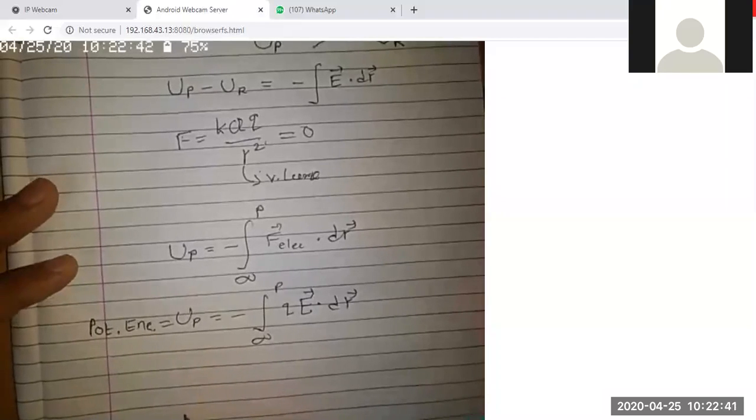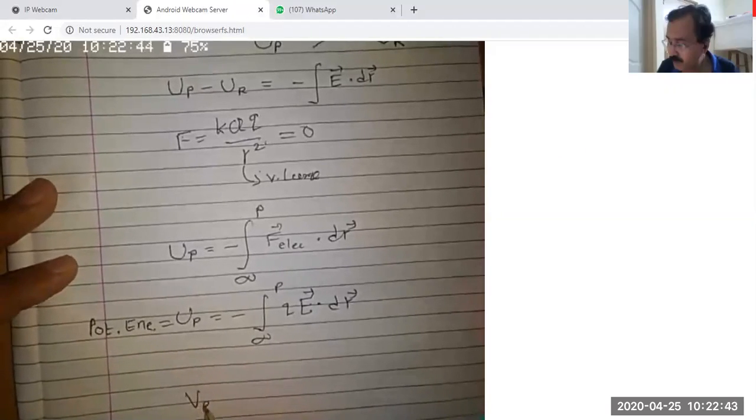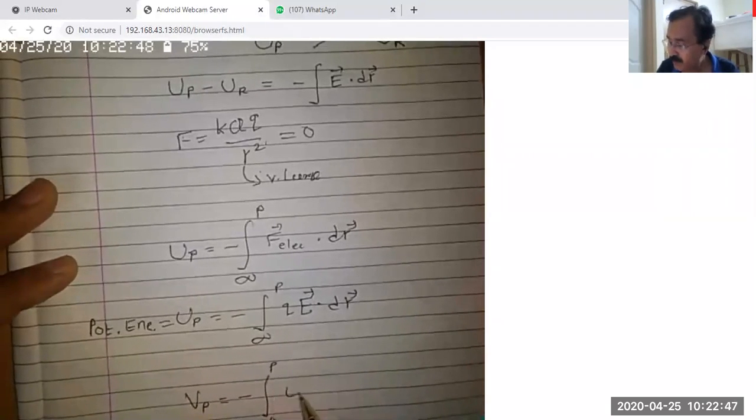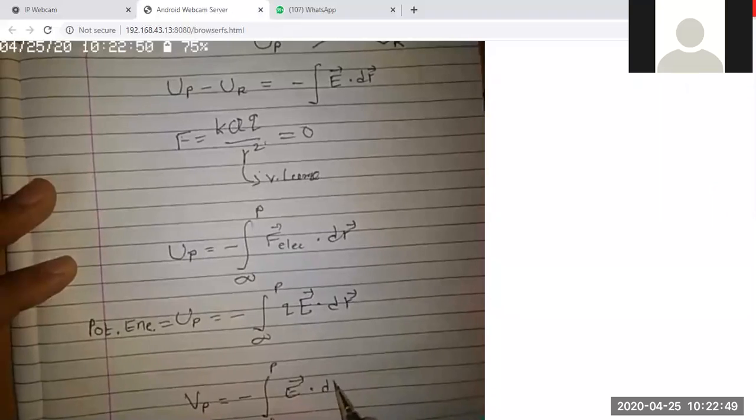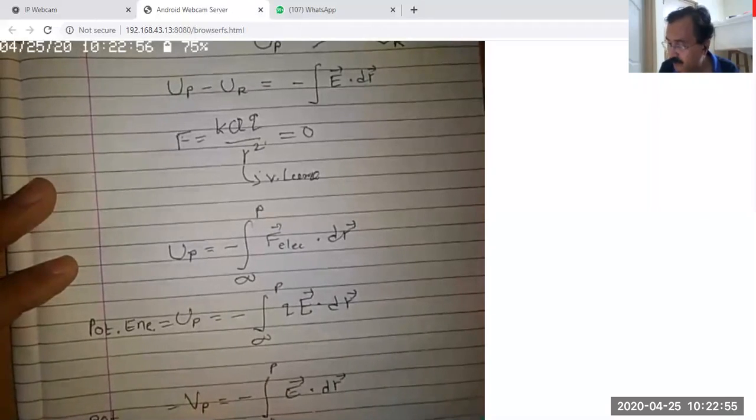What we did now, I'm writing as Vp equal to negative infinity to P just E dot dr. E dot Q, divided, right?